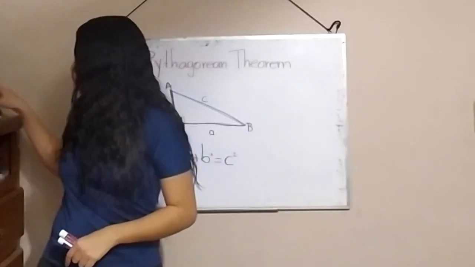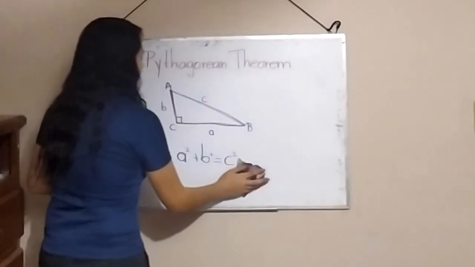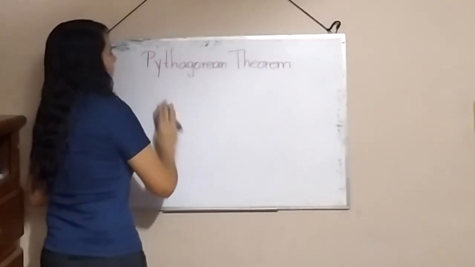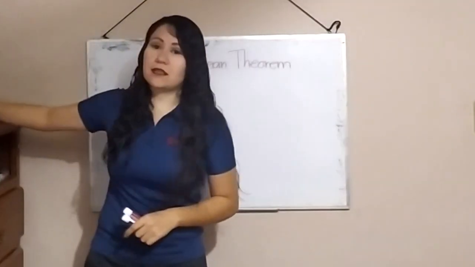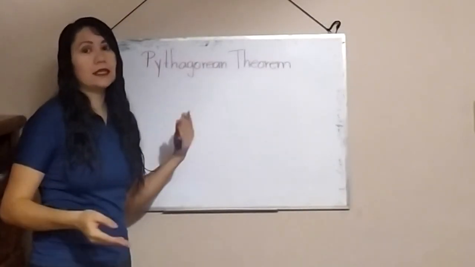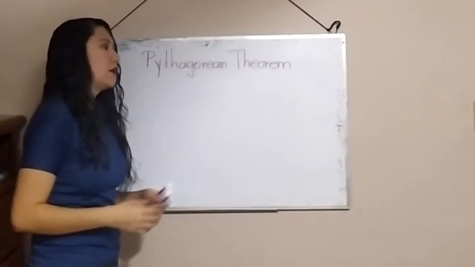Now let's see. In order for the Pythagorean theorem to be true, we have to be using a right triangle. If we are not using a right triangle, then the theorem will not be true.